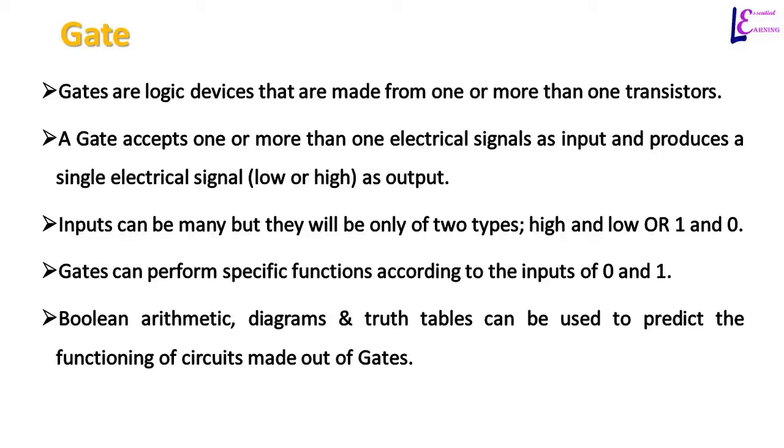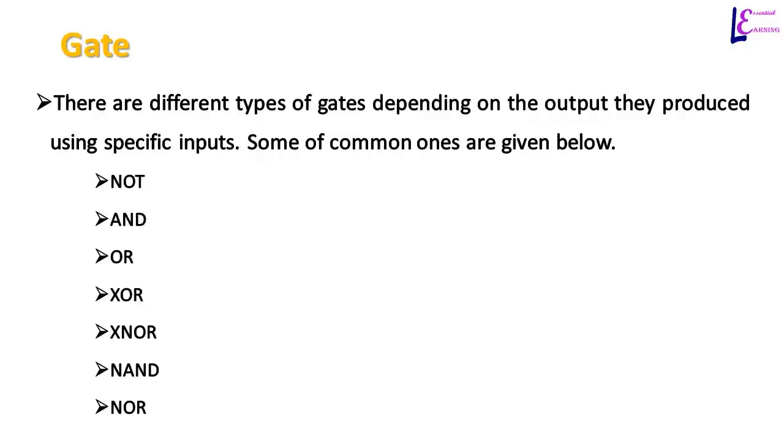Since gates work with only two values of electrical signals, Boolean arithmetic can be used for their functioning, and diagrams and truth table can be used to show how gates behave with specific inputs. There are different types of gates depending on the output they produce using specific inputs. We will learn about the following: NOT, AND, OR, XOR or exclusive OR, XNOR or exclusive NOR, NAND, and NOR gates.